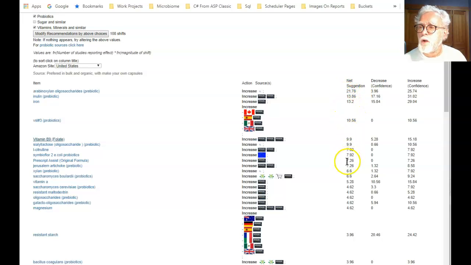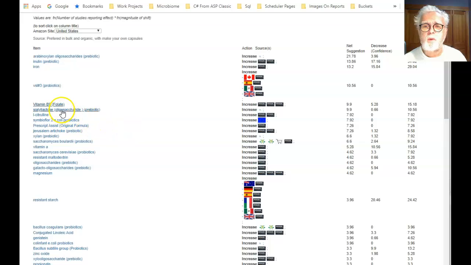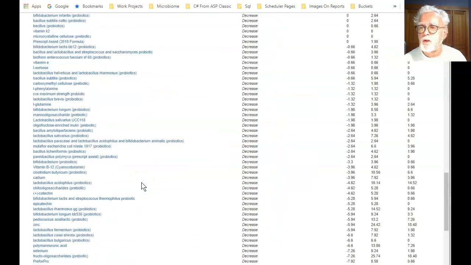These are not the amount; these are the indicator of the probability. It's not that one is stronger than the other. It is that this one is far more probable, because there are a lot more studies indicating it makes the right type of corrections. We have the folate here, different probiotics, artichokes, vitamin A, and similar down the bottom.